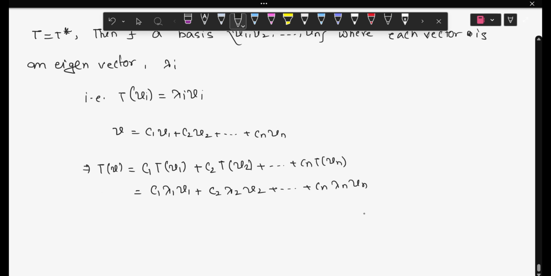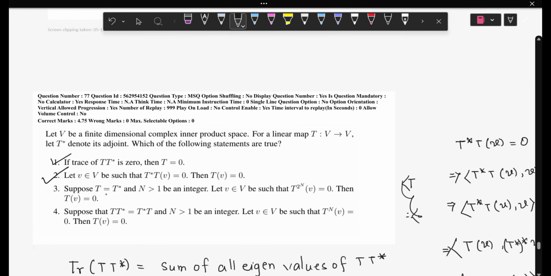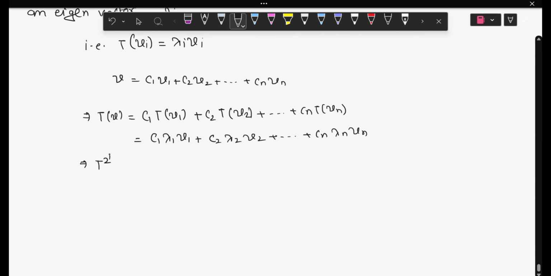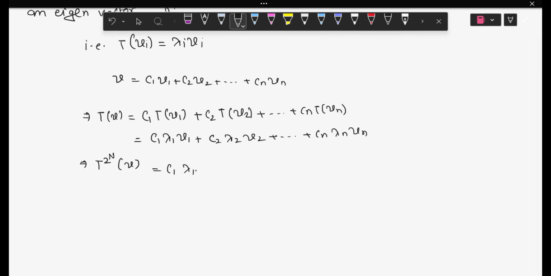Now, if I continue this process inductively, then I can write T to the power 2 to the power n of v equal to c1 lambda 1 to the power 2 to the power n v1 plus c2 lambda 2 to the power 2 to the power n v2 up to cn lambda n to the power 2 to the power n vn.